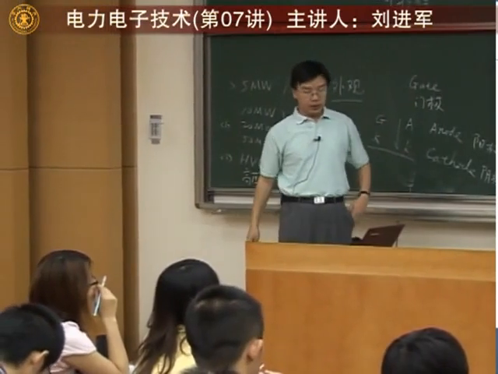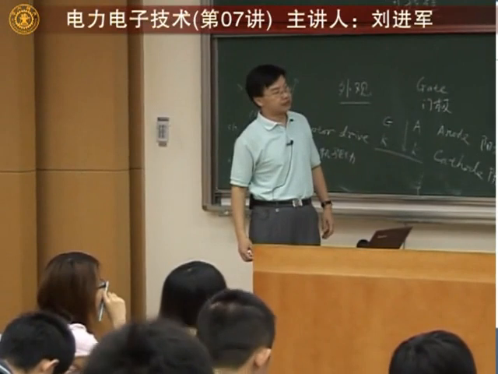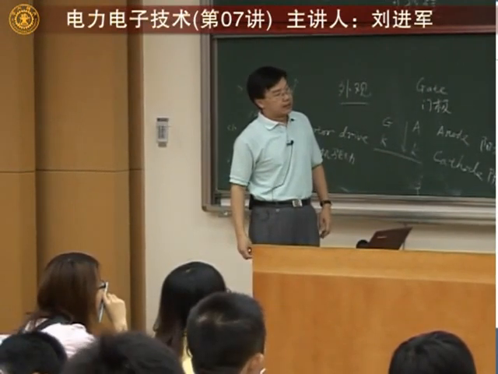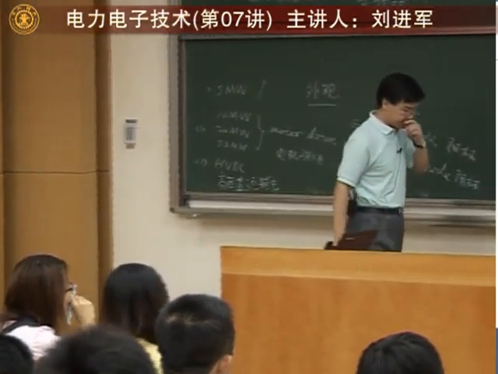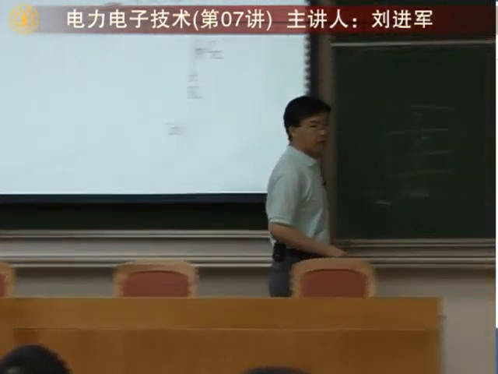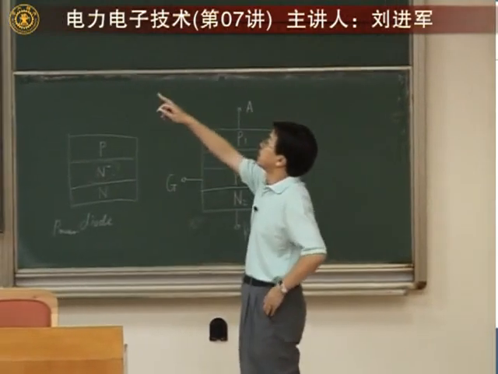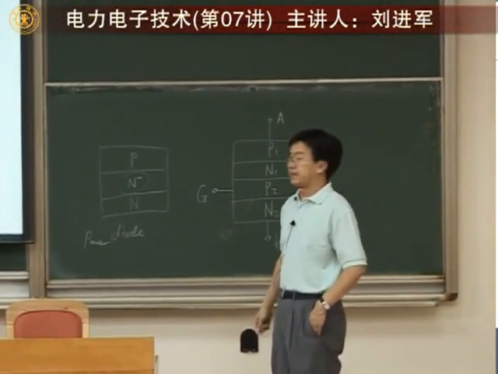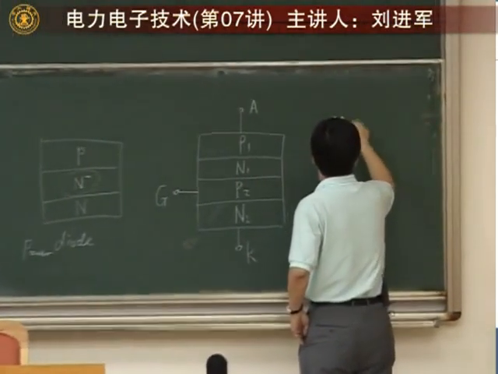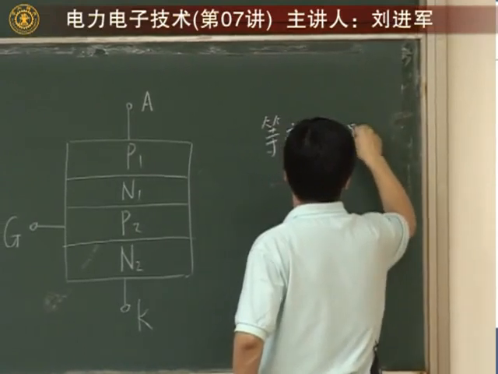And then if you want to discuss the operation of this 4-layer device, the operation of this thyristor, the typical way is to discuss it based on an equivalent circuit.